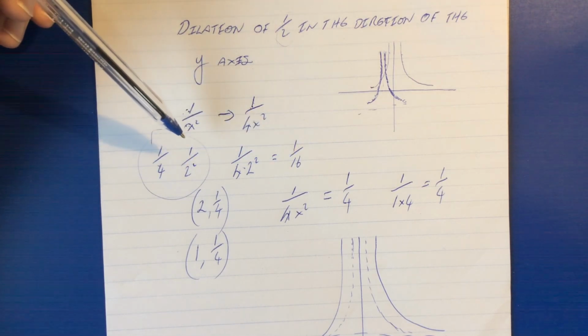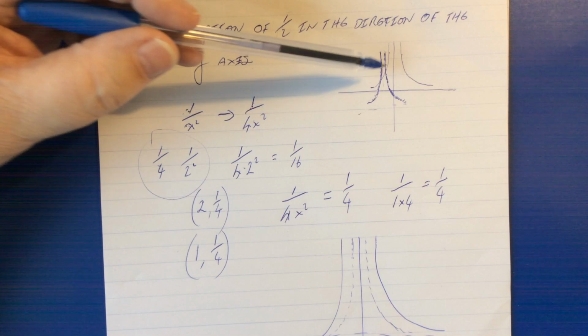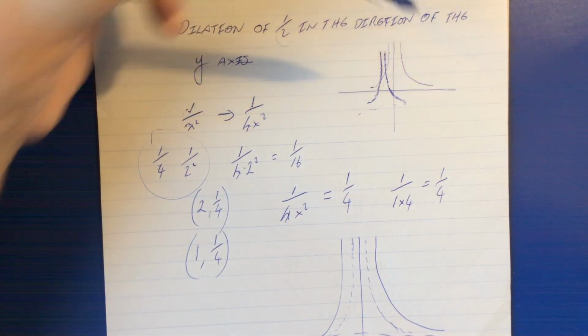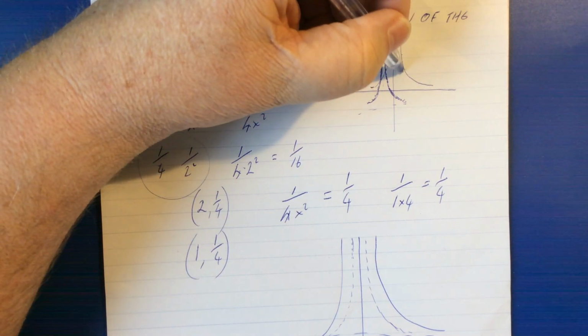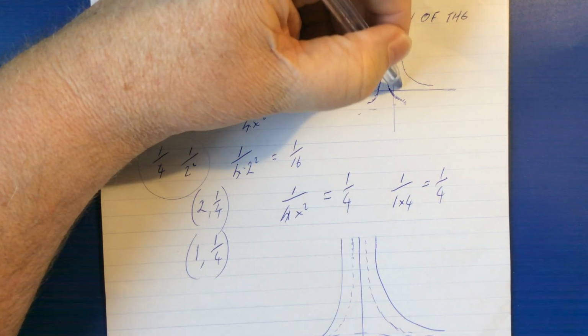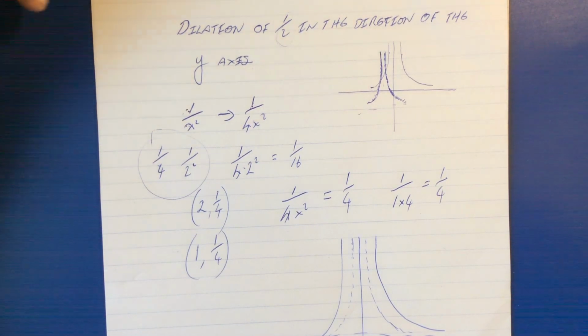That is essentially unhelpful because we're not looking at a movement in this direction. Essentially, what we wind up looking at is a movement in this direction, which is not what we're interested in.